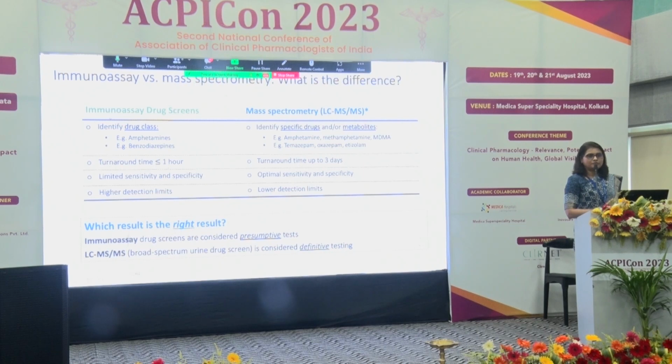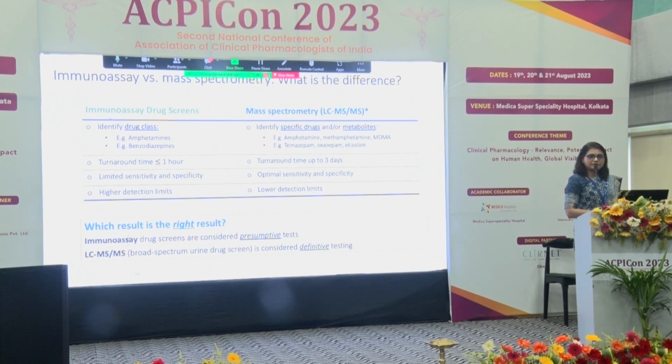And for the last 1.5 years, we were running into trouble with the LCMS-MS with a high turnaround time, because the one instrument was being utilized for the newborn screening as well. It's a very versatile equipment, so multiple users, and therefore the turnaround time for drug reporting was high.